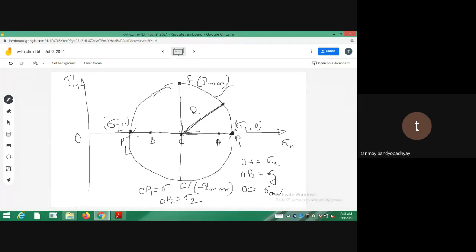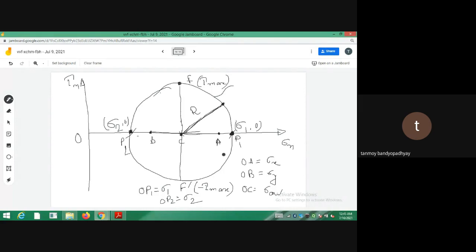Similarly, the top point of the circle is F and the bottom point of the circle is F prime. So the topmost point of the Mohr circle will represent the maximum shear stress, and the bottommost point of the Mohr circle will represent the complementary shear stress. A minimum shear stress is not there actually; the minimum shear stress is 0 at this point.